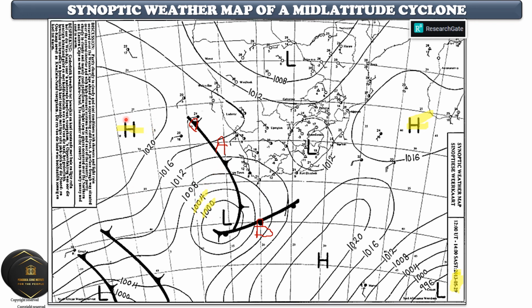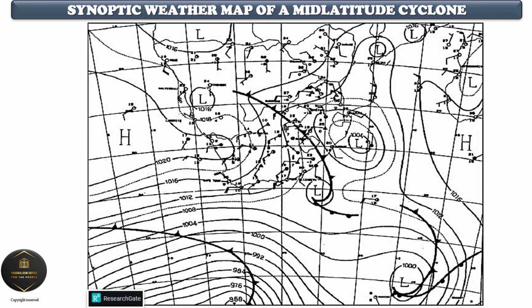And we see that this high pressure is extending towards the interior, and they may ask what isobaric pattern is being depicted there. Remember, that is wedging, or what we call ridging, which is the extension of a high pressure system. So you need to be able to read your synoptic weather map and identify the information given over there. So I hope we are fine with that.